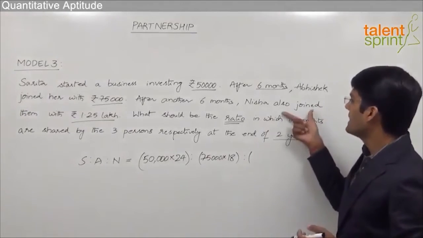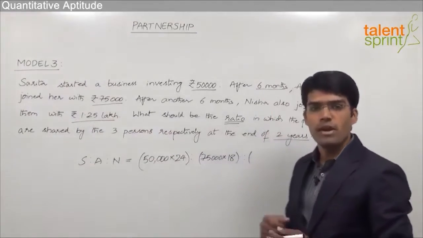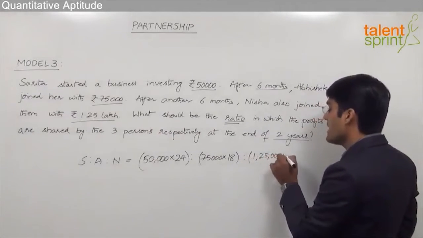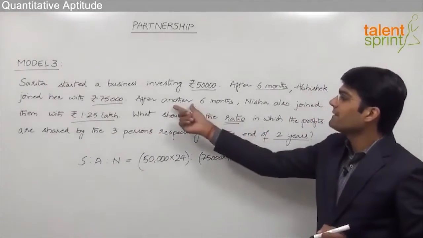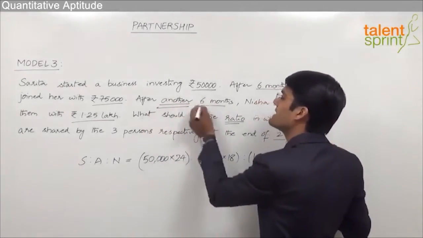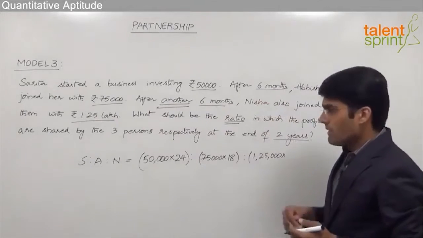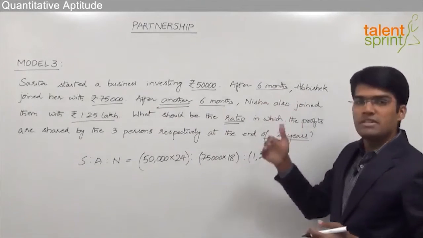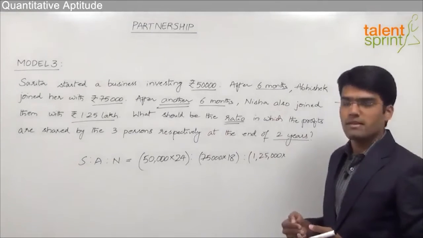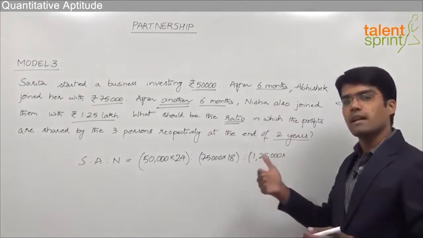We very well know that Nisha joined with rupees 1.25 lakh. That is nothing but 1,25,000. But she had joined after another 6 months. Understand the word another plays a very important role here. We know that already Abhishek had joined 6 months late. And then after Abhishek joins the business, Nisha joined after another 6 months.